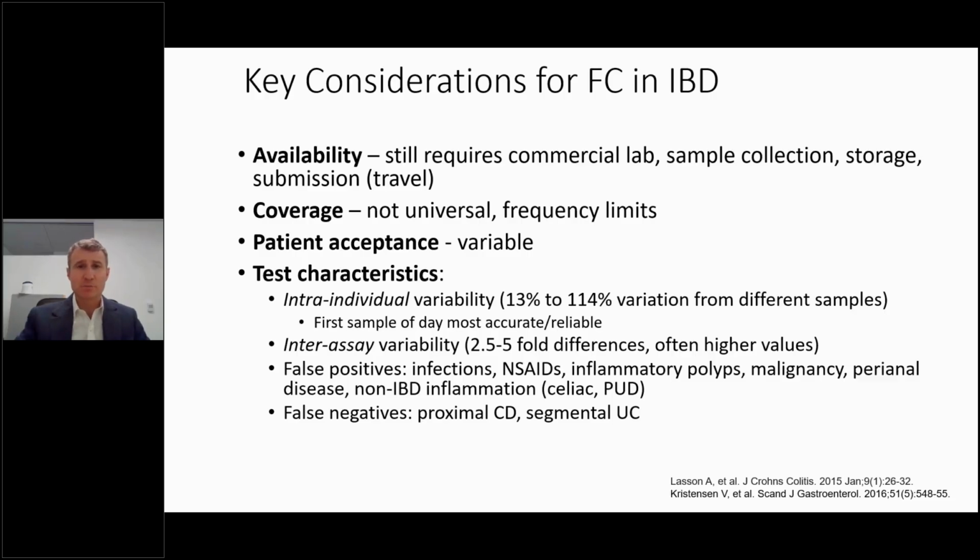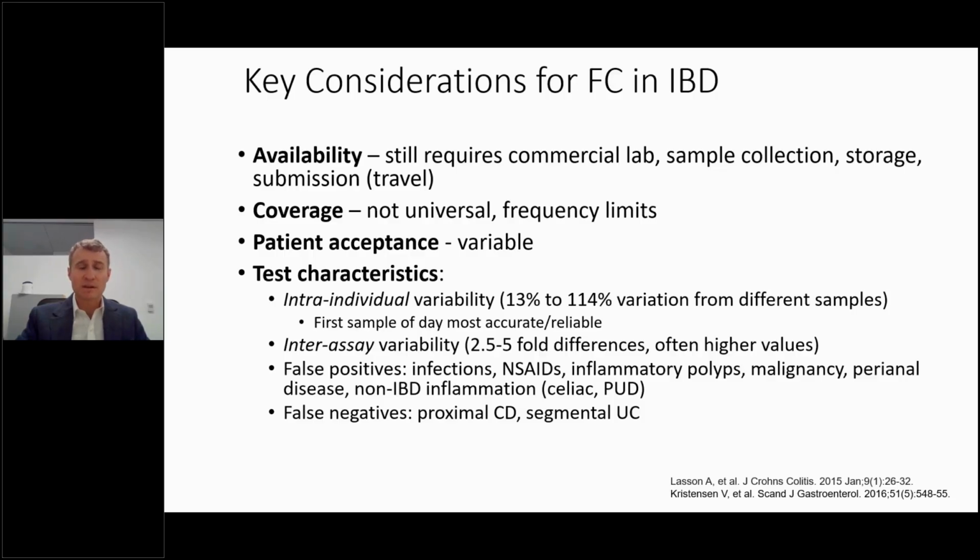Again, it's just a measurement of neutrophil activation and release of calprotectin into the GI lumen. So anything that does that can give you an elevated fecal calprotectin. Infections, non-steroidals, inflammatory polyps, malignancy, perianal disease, or non-IBD enterocolopathies, and ulcers can all give you an elevated fecal calprotectin. So it's helpful, but again, still has to be placed into a little bit of clinical context.